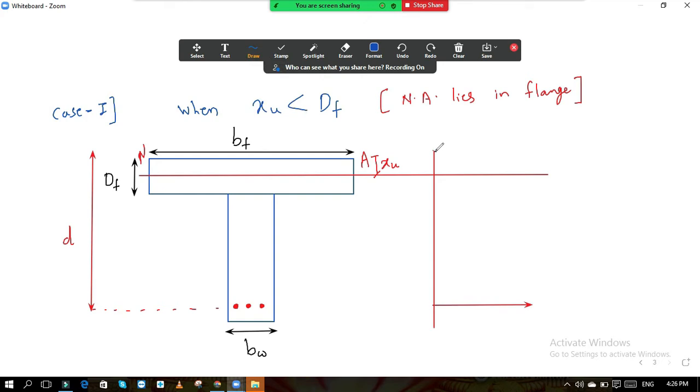This portion is horizontal, 0.4 FCK is the stress. Okay, then it is straight, and then it is curved, parabolic. Okay, the diagram is not clear, but you can understand. Okay. So now here you can say this is your CU.